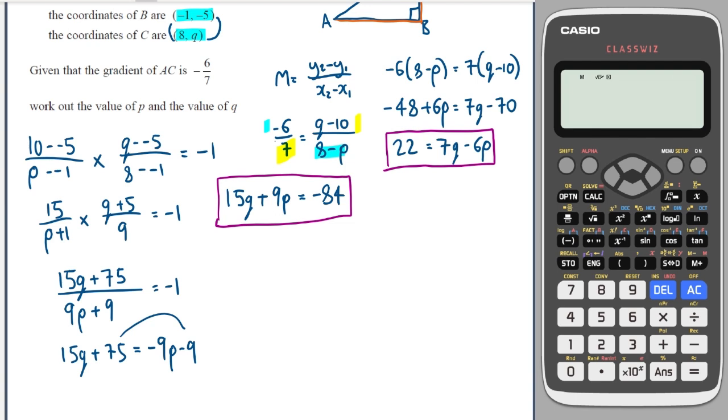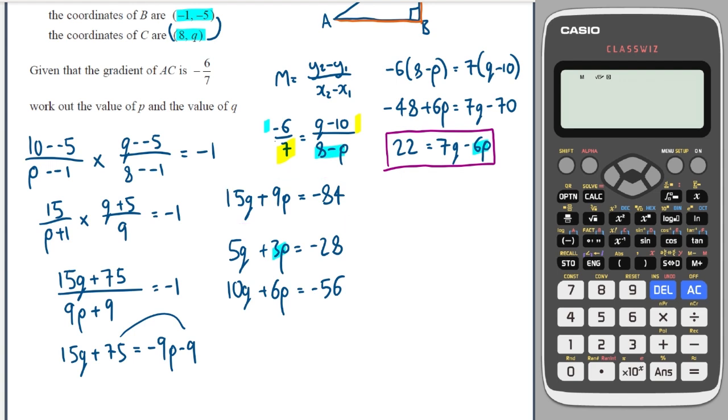I've noticed it's all divisible by 3, so I'm going to divide it all by 3. Dividing by 3 is minus 28. And I can spot here that I've got a 6p here and a 3p there, so I'm going to double this one here to line up the p's. Minus 56. Okay, great. So these are my two equations now that I can solve.